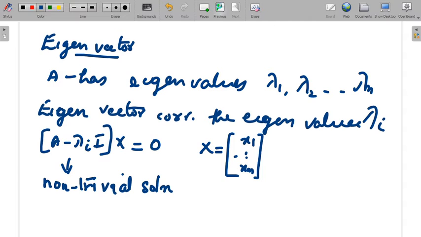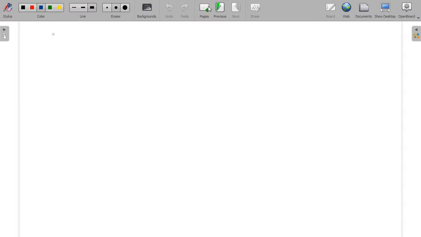For example, for the matrix we have considered before, the matrix was 1 minus 2, minus 5, 4.